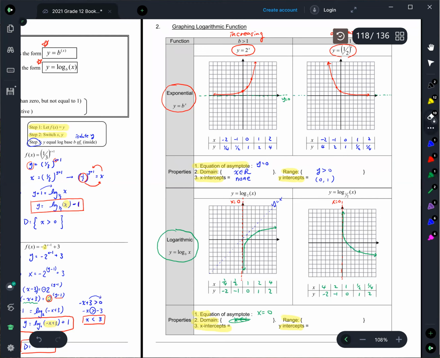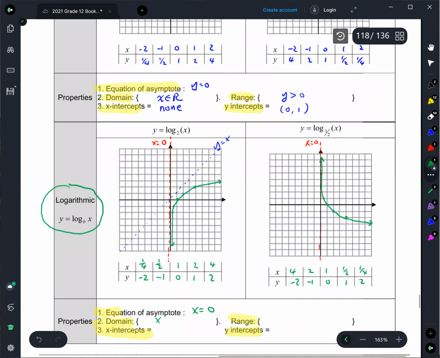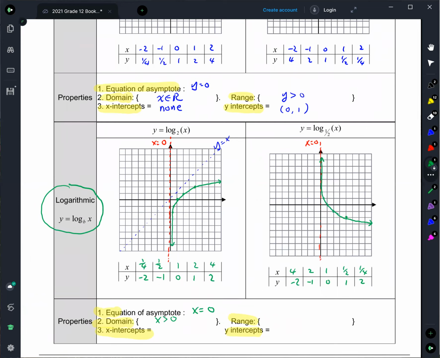Because the domain is talking about x, does the graph go left and right forever? No. So where's the graph? X has to be what? Greater than 0, because it's only on the right side of x equal to 0. X equal to 0 is like an invisible wall, stopping it. So all the x values on the green line are always bigger than 0. It's all on the right side.